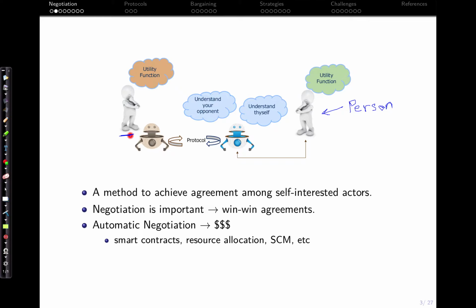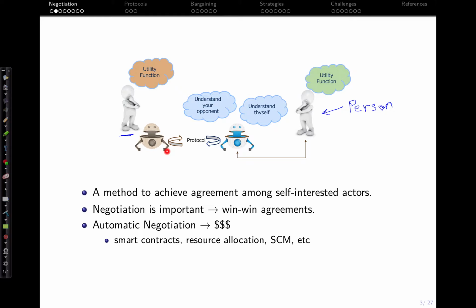In automated negotiation, we assume that one of them or both of them employ automated agents to negotiate on their behalf. These automated agents have some protocol between them that describes how they go about this negotiation process.